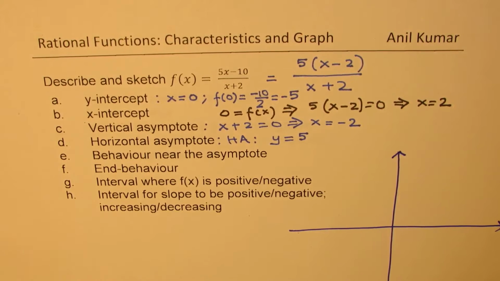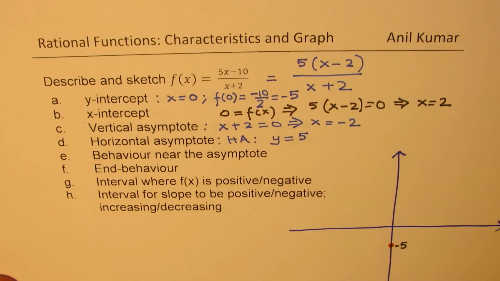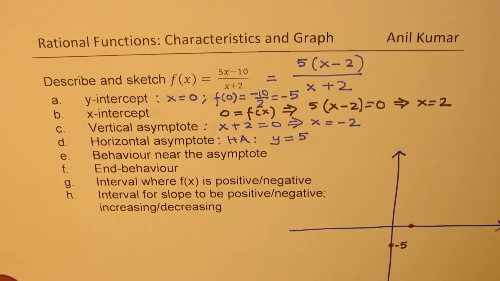So what we figured out is that we have the y-intercept at minus 5. Let's say this is minus 5 for us. The x-intercept is at 2, right? So let's say this is 2 for us, and this is the x-intercept.